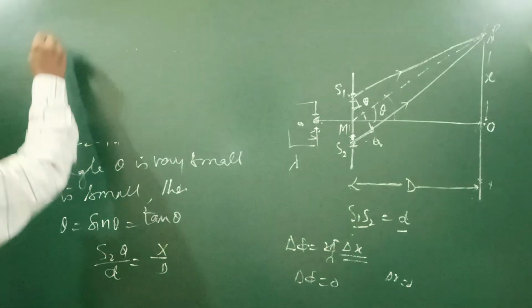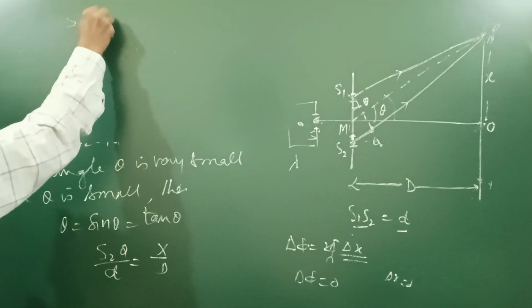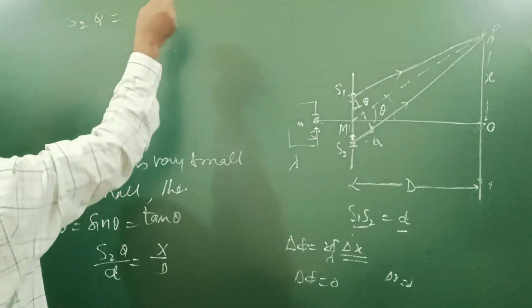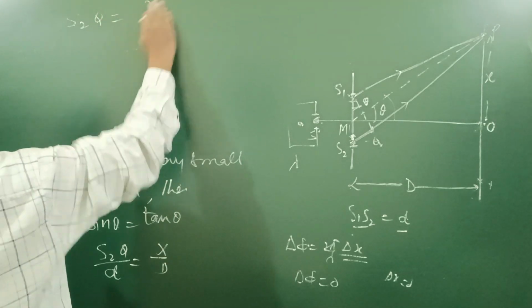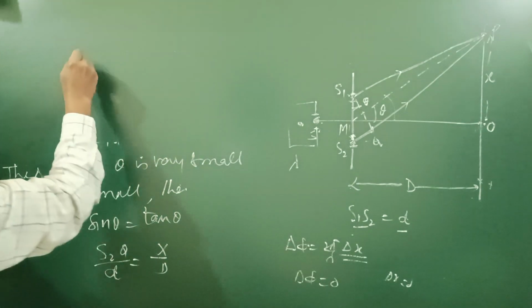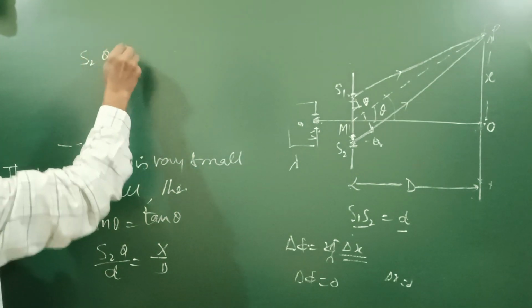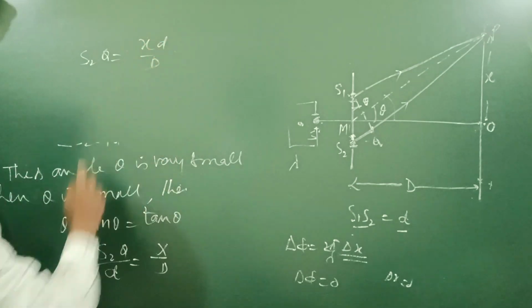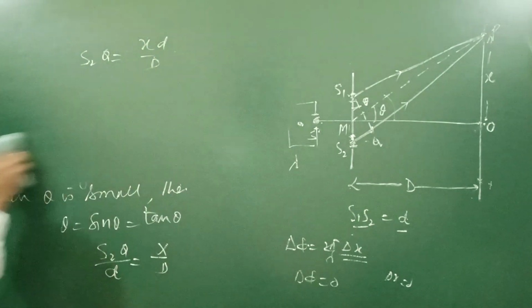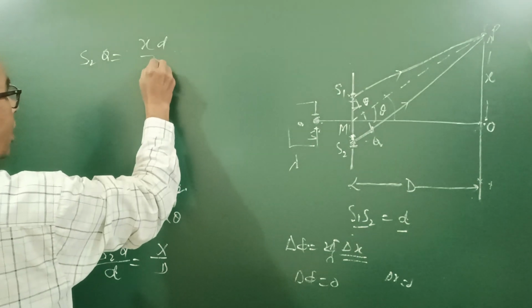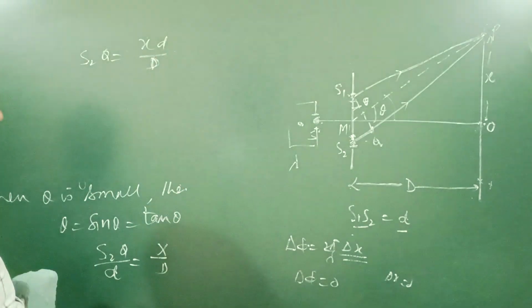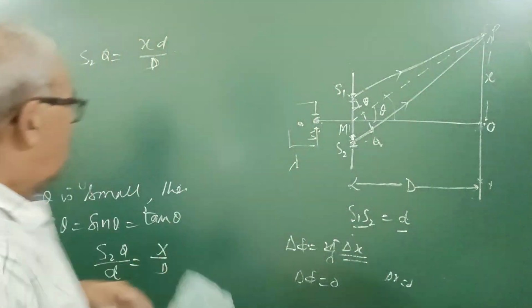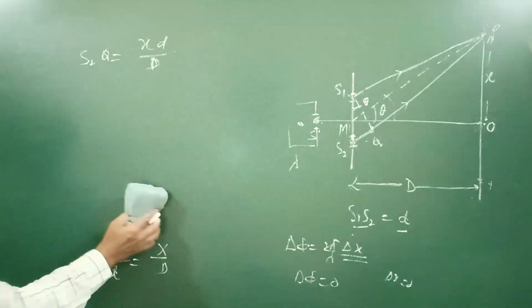So from here you get S2Q is equal to X into small d upon capital D. S2Q is the path difference between the waves when they meet at P, going from S1 and S2.